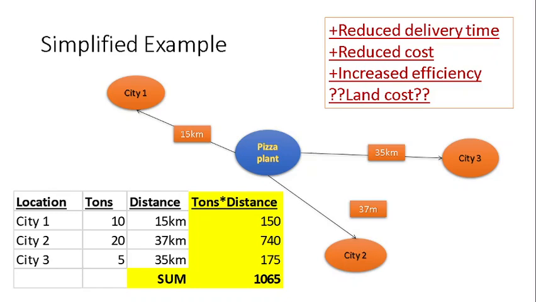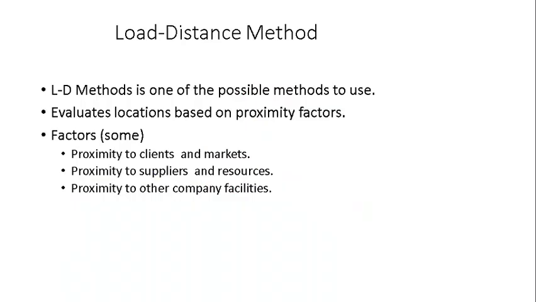One question that is quite critical, though, is whether the cost of the land in this setting allows us to have the reduced cost in total, because we might gain in delivery time, but we might have some substantially extra costs due to land in this place. But whatever it is, we apply here a method, as you see, and this method is the load distance method.